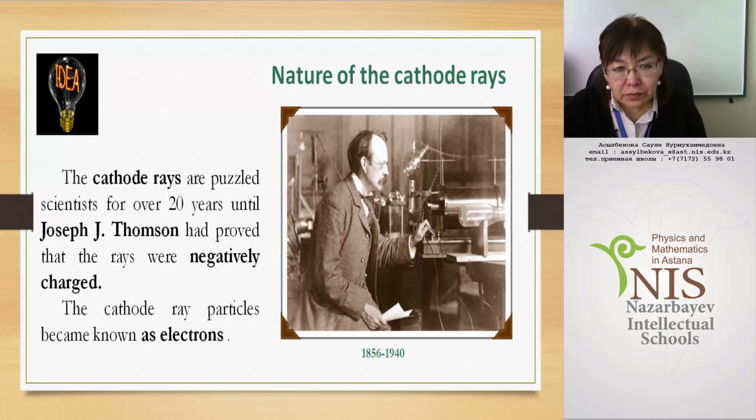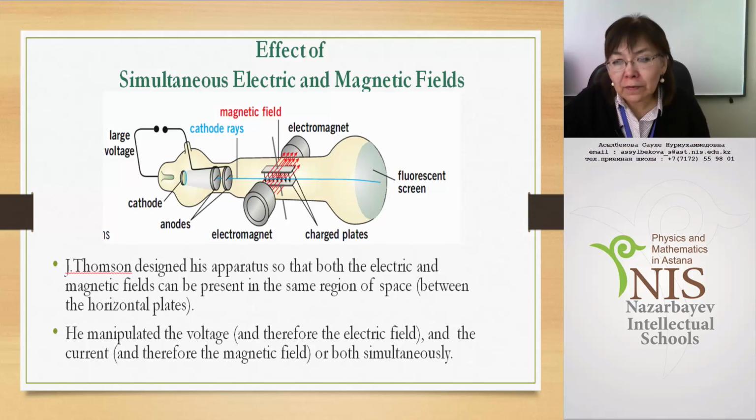His idea was that he combined the action of electric and magnetic fields. So he designed special tubes, you see, consisting of a cathode, which emits electrons, and the electron beams move in the direction of the positively charged anode.